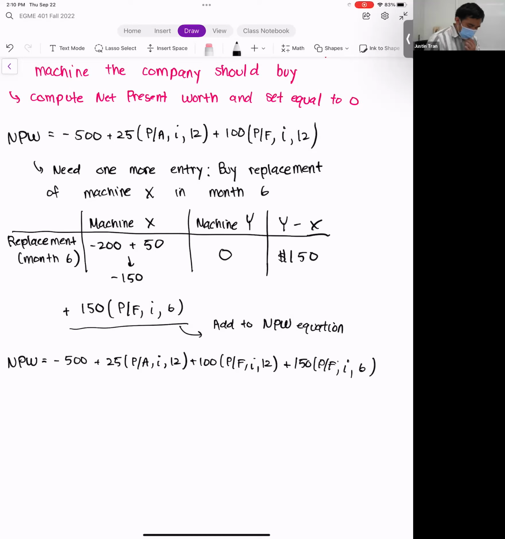And to find the rate of return, we're going to set this equal to 0.